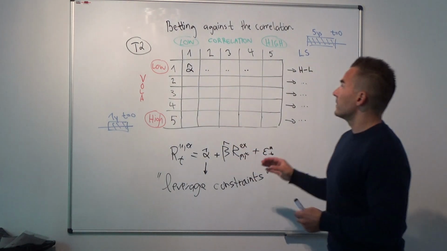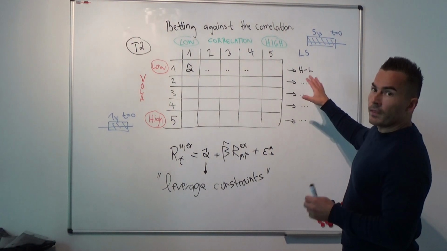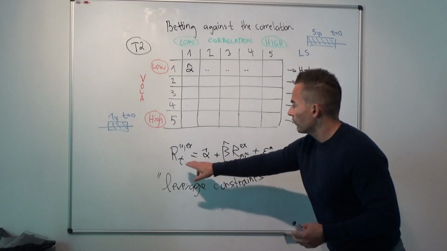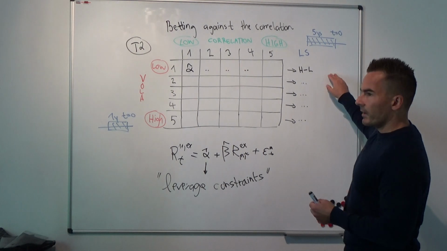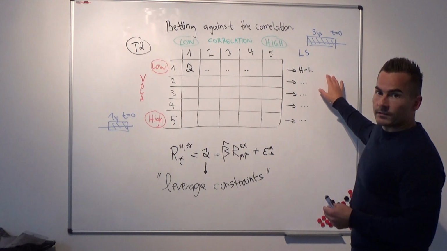But what they report in the table is the alpha that we would get from a regression where the zero cost portfolio would be high minus low. So that's why the point estimates, the alphas in panel B of table 2, are negative.